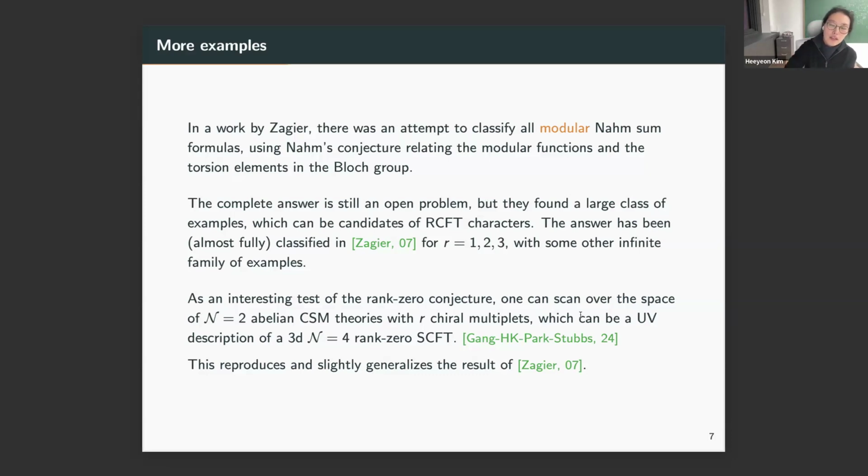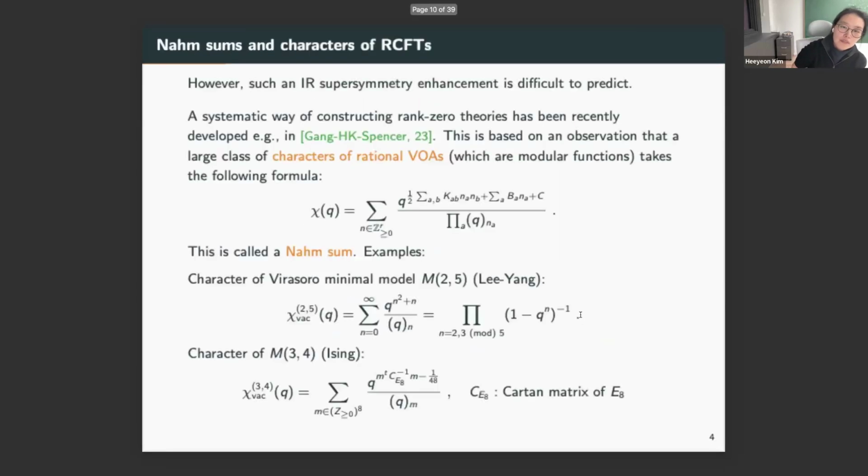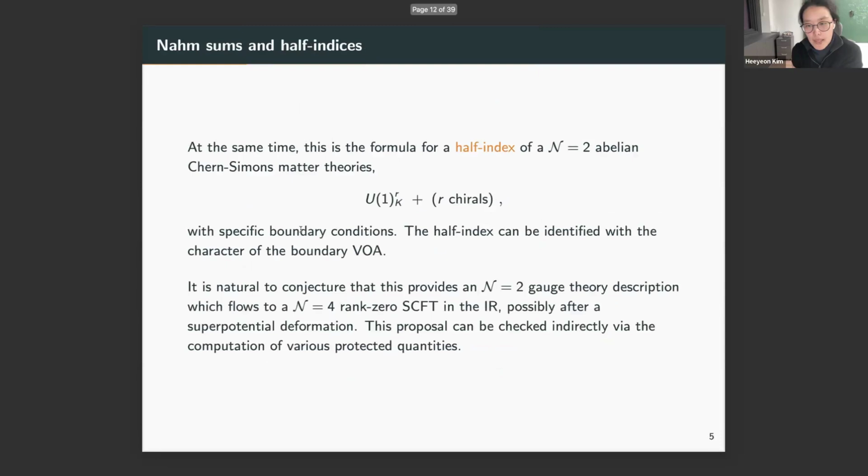So in this paper, he almost fully classified the examples of those Nahm sum formulas. For example, they found the matrix K that admits B and C, so that this full character chi is a modular function under some congruence subgroup of SL(2,Z).